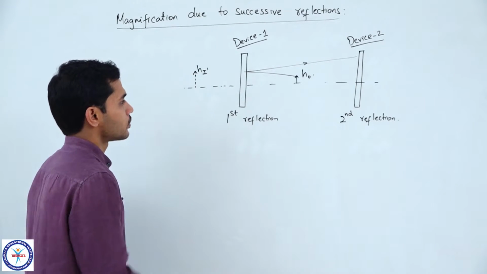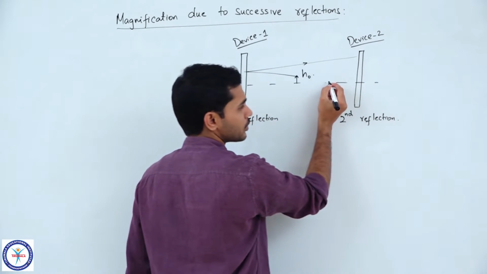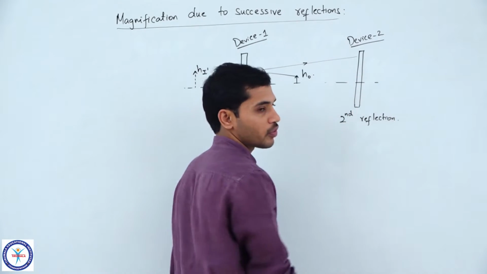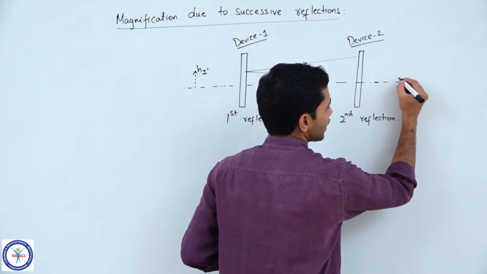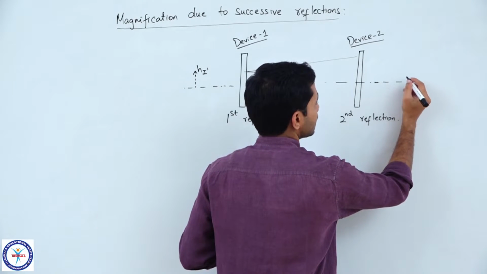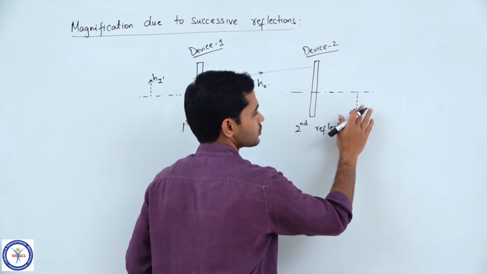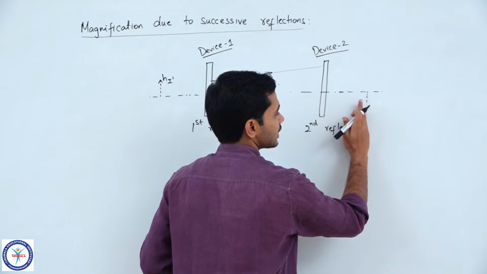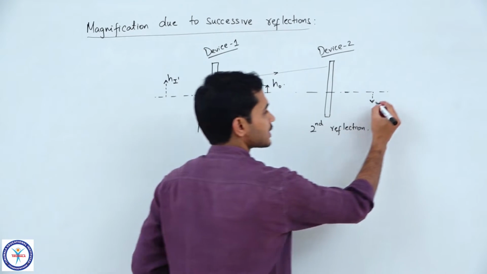Let us say the image of this is finally formed here. It could be formed in front of the mirror or behind the mirror. Just for the sake of representation, I will represent it something like this. Let us say this is the final image, and let us call its height hi.